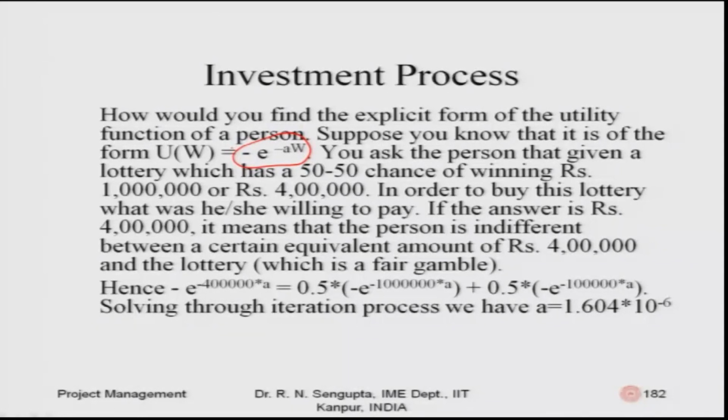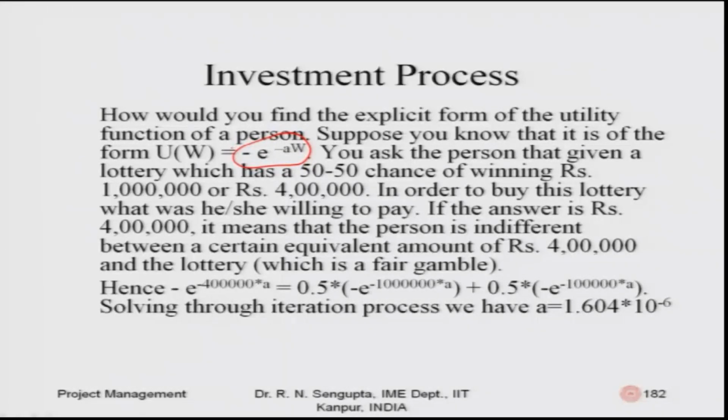In order to buy this lottery, what will that person be willing to pay? If the answer is 4 lakhs, it means that the person is indifferent between the certainty amount of 4 lakhs and the lottery. So, you place it in front of the person and you do not know the value of a.